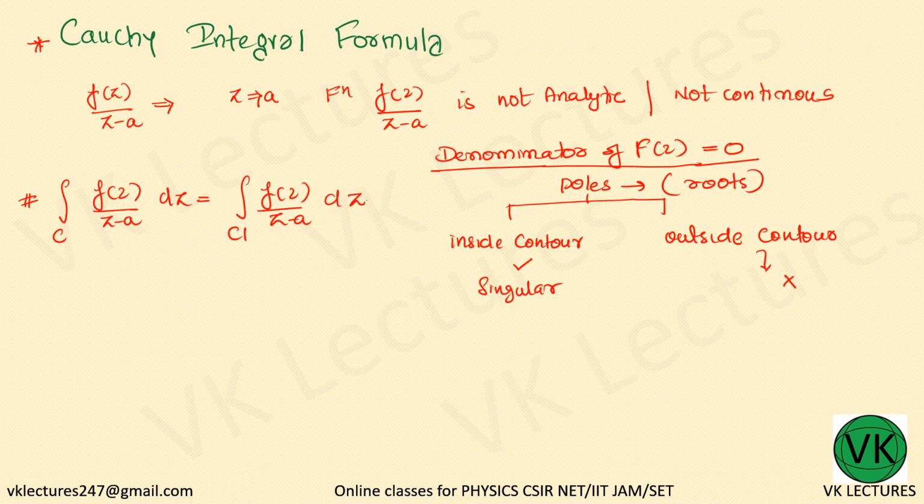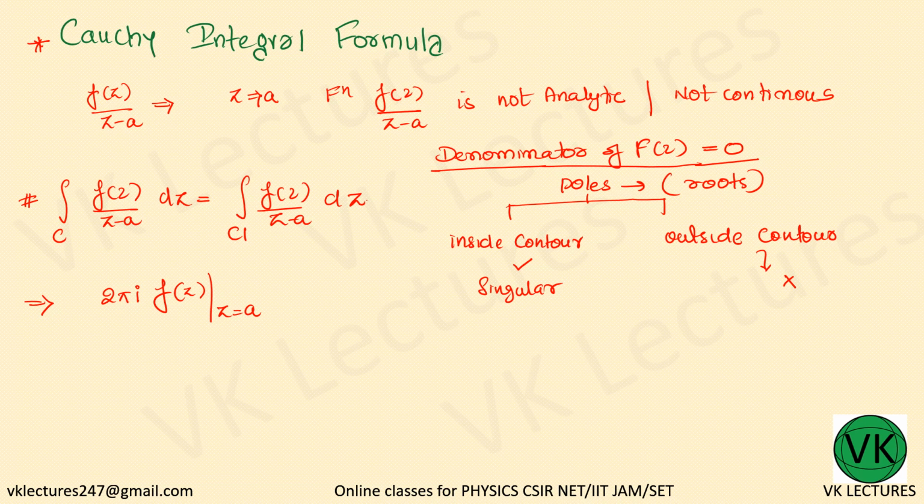Now this is equal to 2 pi I into f of z at z equal to a. Just find f of z at z equal to a. This will be the answer.